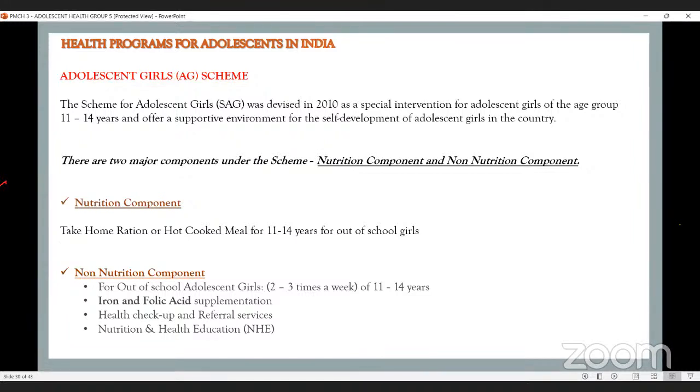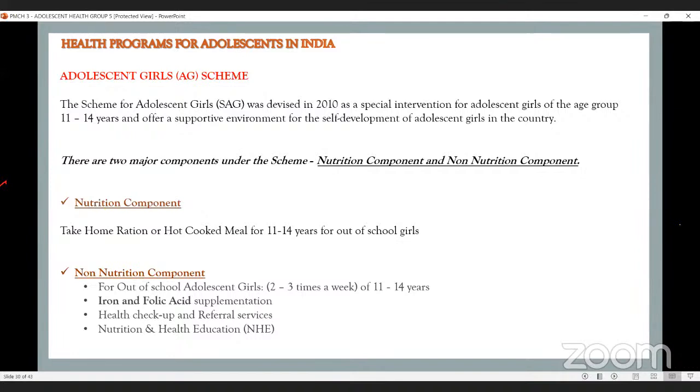Another program was the Adolescent Girls Scheme. The scheme was devised in 2010 for adolescent girls of the age group 11 to 14, and it offered a supportive environment for the self-development of adolescent girls in the country. There were two major components under the scheme, which are the nutrition component and the non-nutrition component.